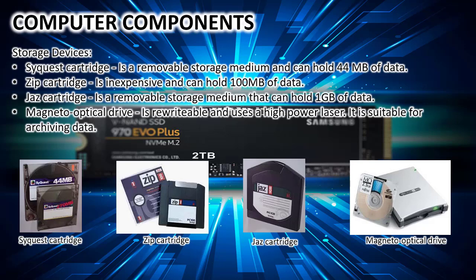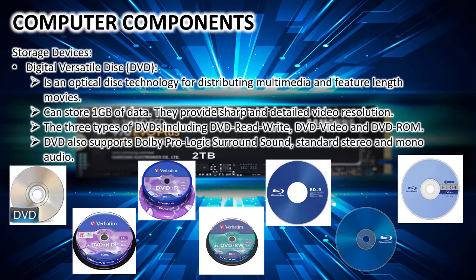Okay, now we will take a look at the DVD, which stands for Digital Versatile Disc. DVDs have been agreed to be promoted by 9 major electronic companies, which are Toshiba, Sony, Matsushita, Philips, Time Warner, Pioneer, JVC, Hitachi, and Mitsubishi Electric, for distribution of multimedia and feature-length movies.